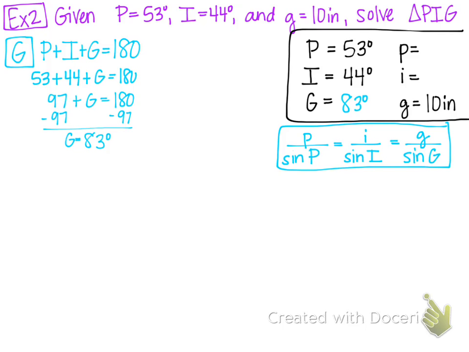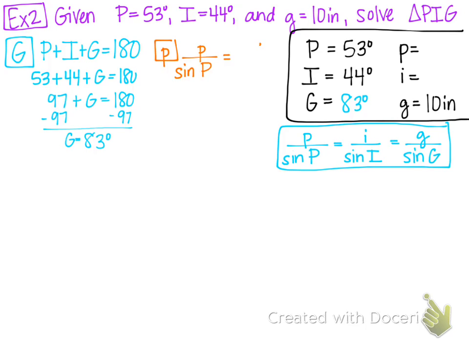Okay, now we need to find little p and little i. It doesn't matter which one we find first. I'm just going to go in alphabetical order, so I'm going to find little p. To find little p, obviously we have to use the part of the law of sines that has little p. But we have to use the part that has the g's because we have both of the pieces there.